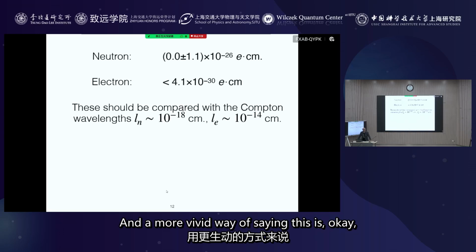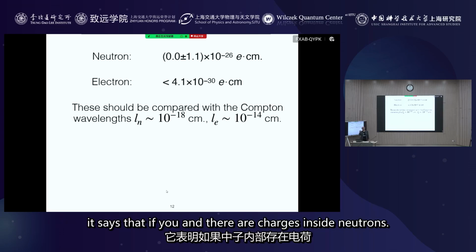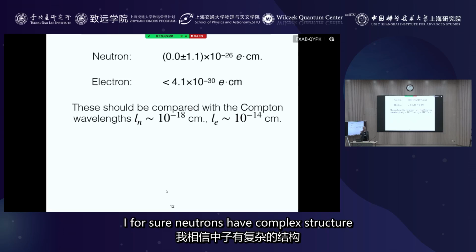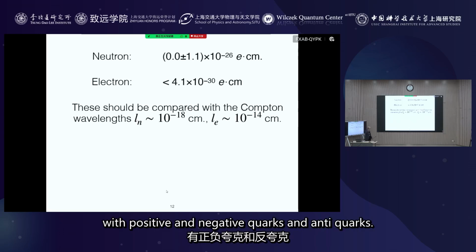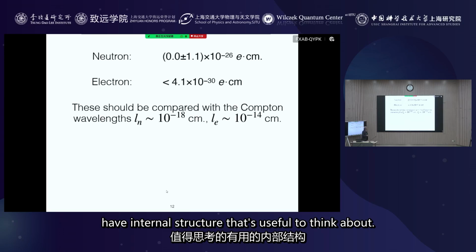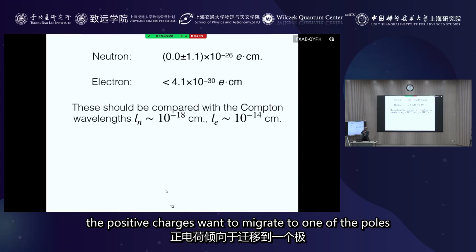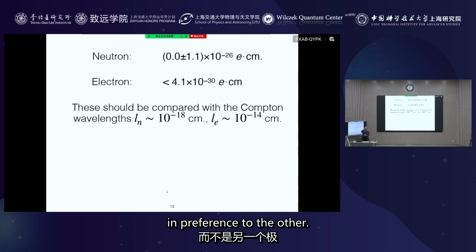A more vivid way of saying this is, if you think of spin as rotation of something, and there are charges inside neutrons. For sure, neutrons have complex structure with positive and negative quarks and antiquarks coming in. Electrons might or might not have internal structure. But in any case, what an electric dipole moment would mean is that if you have an electric field and your spinning object, the positive charges want to migrate to one of the poles in preference to the other.